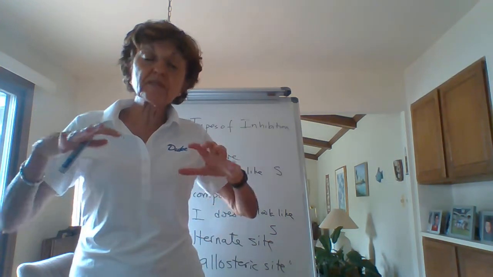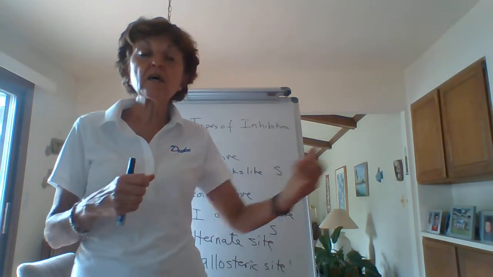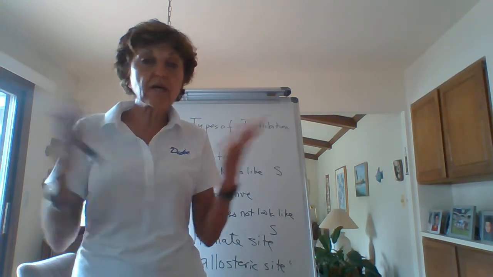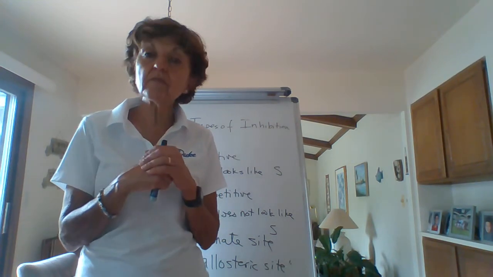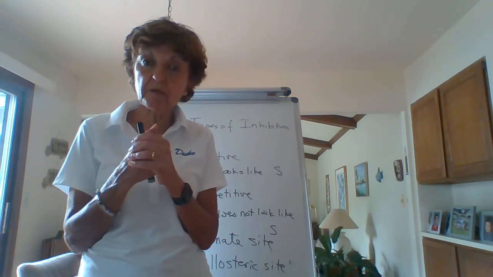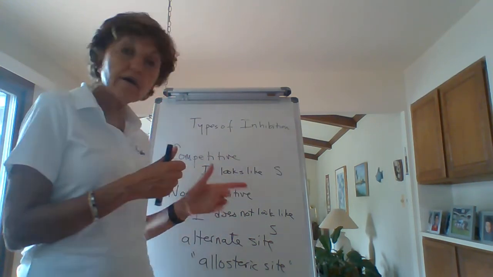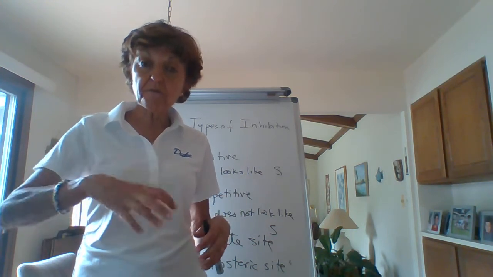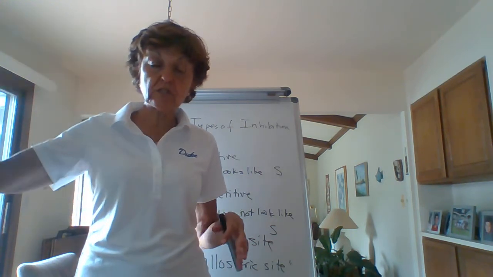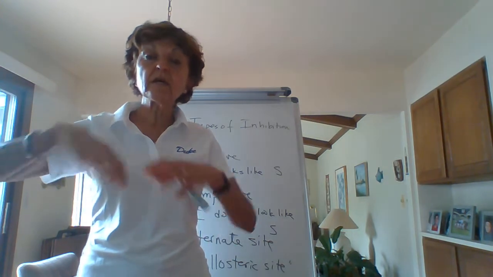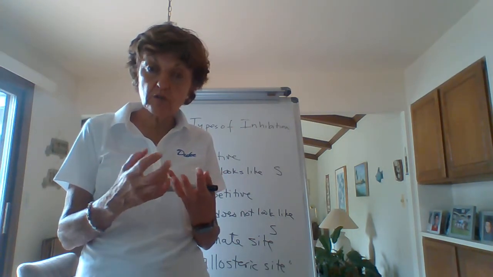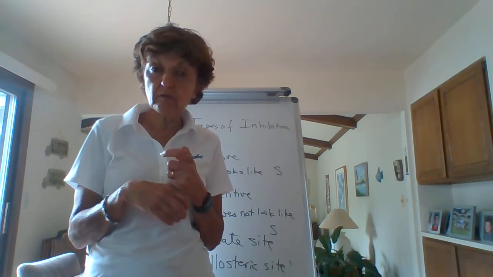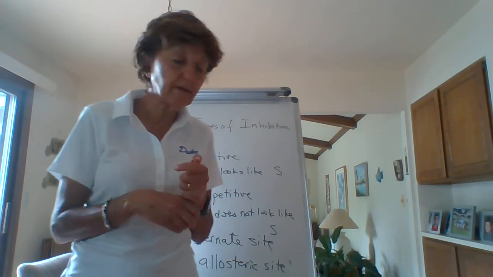When that happens, the enzyme shape changes, the substrate can't fit into the active site, and the enzyme has been inhibited. A lot of non-competitive inhibition can be reversed, because if the inhibitor just leaves that alternate site, the enzyme will take its original shape again, and then the substrate will be able to bind to the active site.